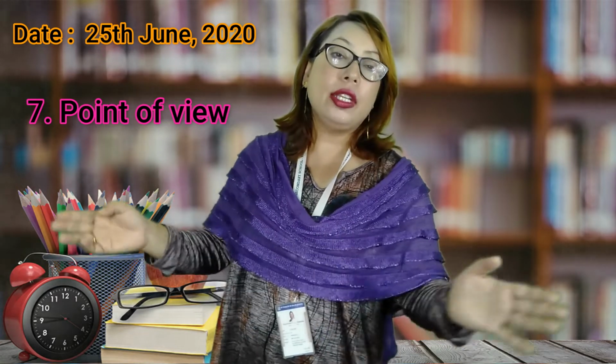And then narrating the story or writing the story. Whereas in most of the stories they use the third person, where he, she, it or they are being mentioned. So I hope students all these points will help you to understand how a story should be written.